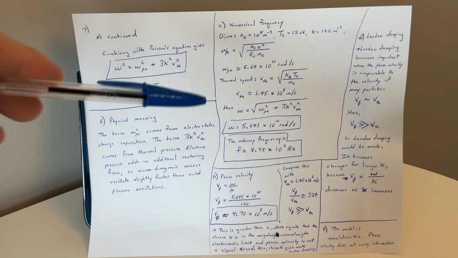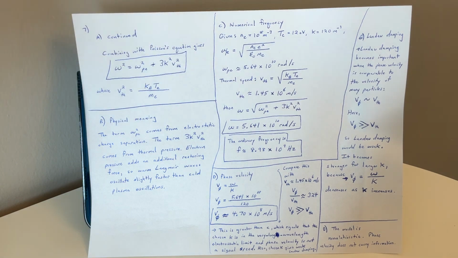However, in this situation, our v sub phi is much, much larger than v sub th. So we can conclude the Landau damping would be weak. It becomes stronger for a larger k because v sub phi equals omega over k, and it decreases as k increases. Okay, so that's for part E, and that's for number 7.